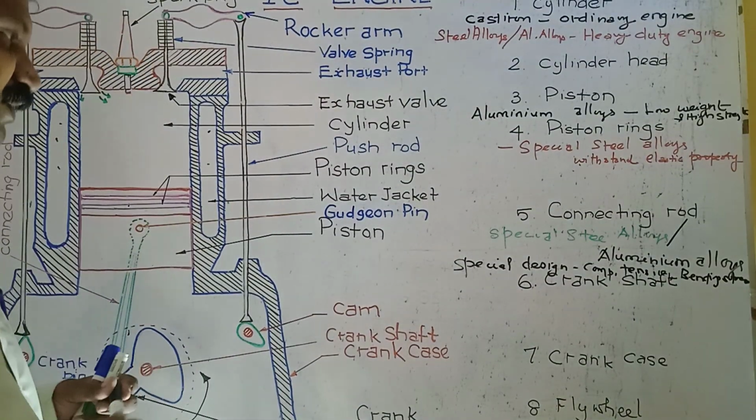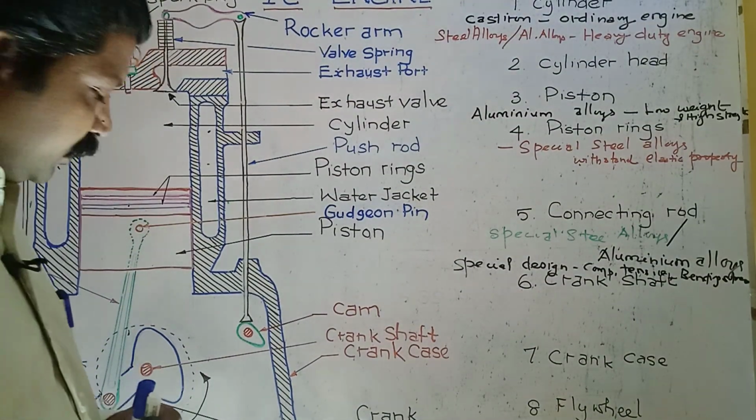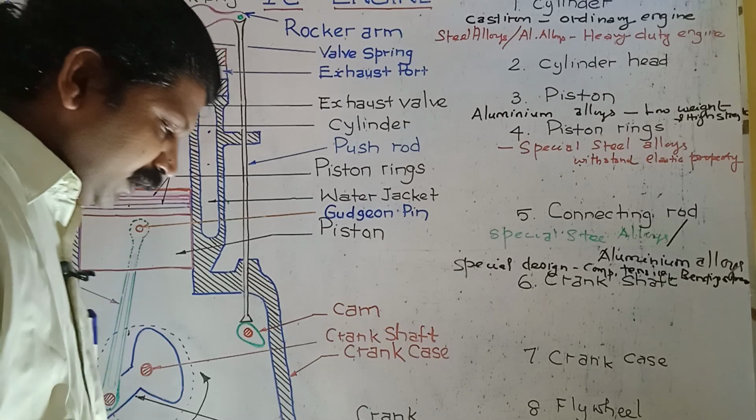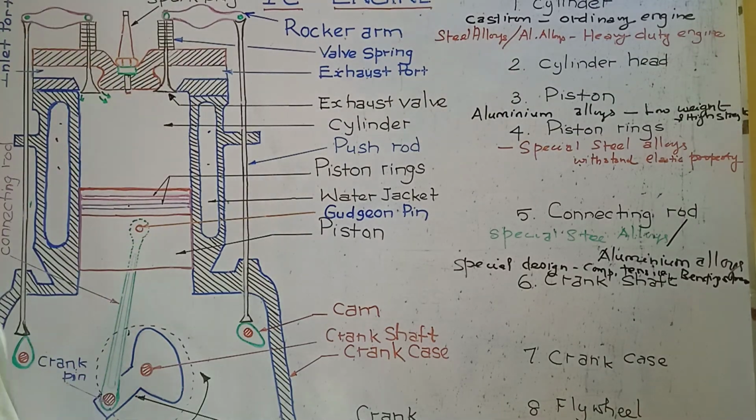And the next, the crankshaft. The crankshaft is the backbone of the internal combustion engine. It has some eccentric part known as the crank. The crank is connected to the big end of the connecting rod by using a crank pin.